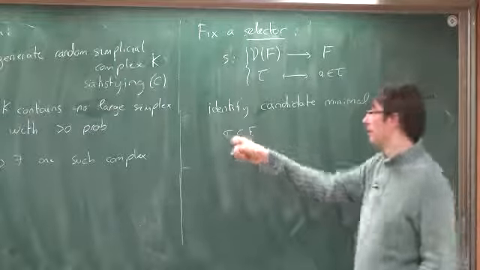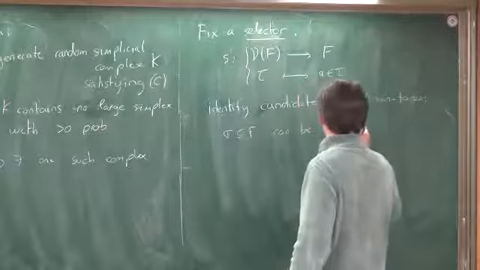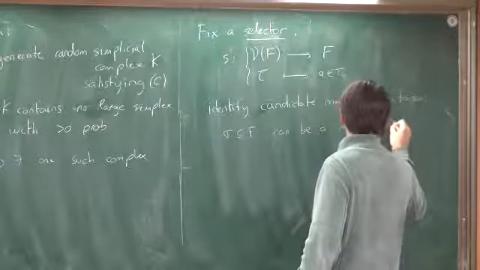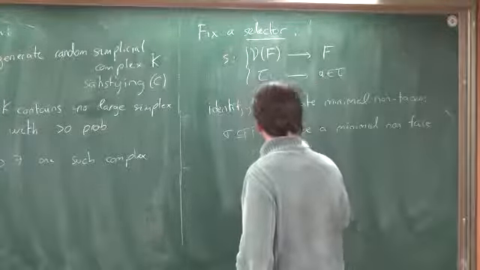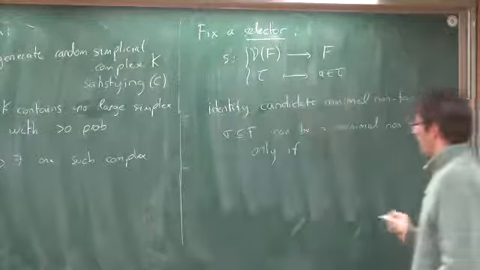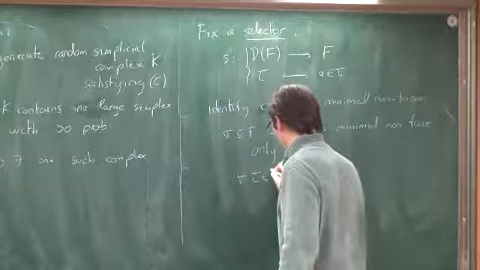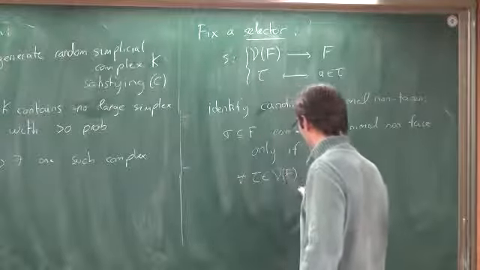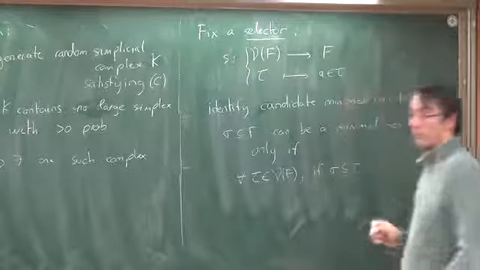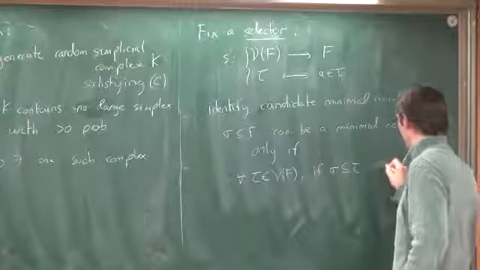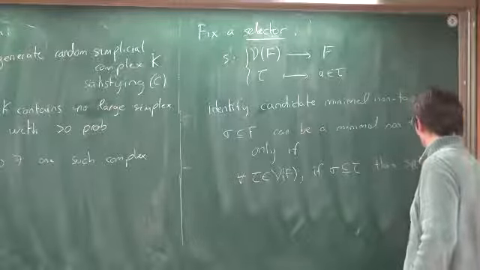What condition should it satisfy? It should satisfy that for any tau in the Venn diagram, if sigma is contained in tau, then S of tau should not be in sigma.